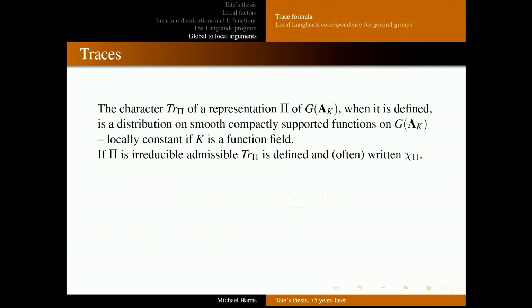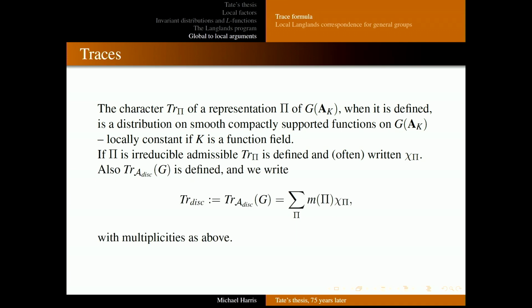And if pi is irreducible admissible, the trace is defined and often written chi sub pi, and therefore one also proves that the trace on the discrete spectrum is defined. That's not so easy, and Arthur went to a lot of trouble to obtain this. And then once you have that, it is equal to the sum of the characters with their multiplicities. So that's one way to do the spectral theory, by calculating the trace.